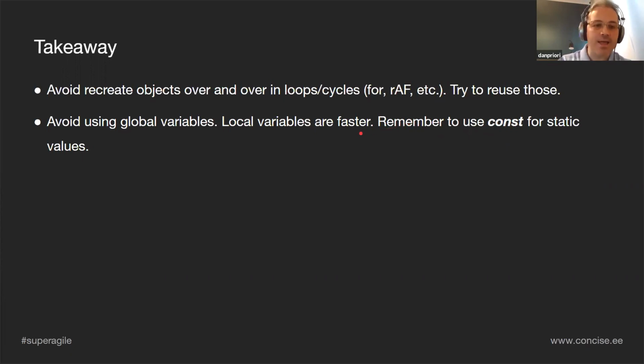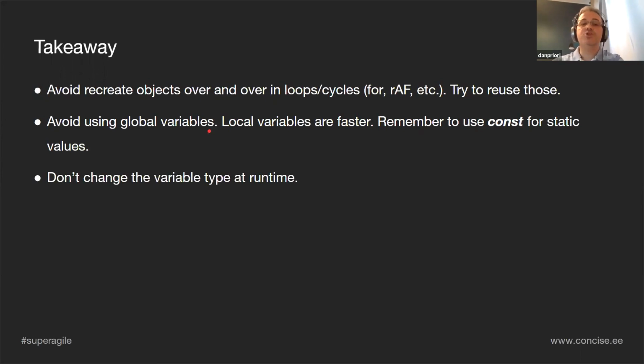If you have just let or var variables, it will redirect with a reference inside the memory. But if you create a const, instead of redirecting to the reference of the variable, it will transform the instruction inside the machine code with the direct value of that const. That's one of the reasons it's much faster to use const if you don't need to change the values after their creation.